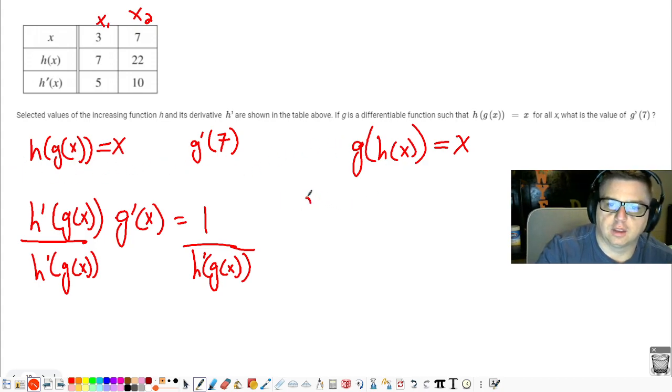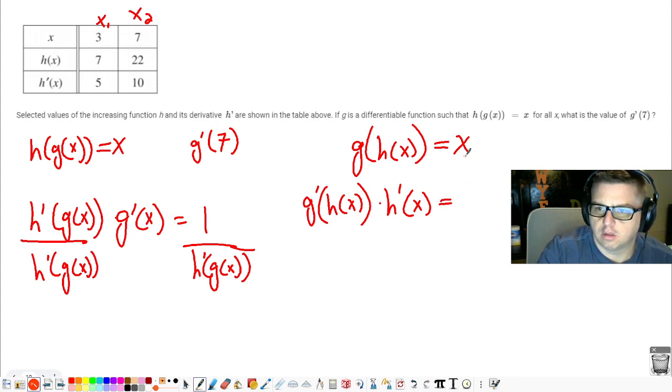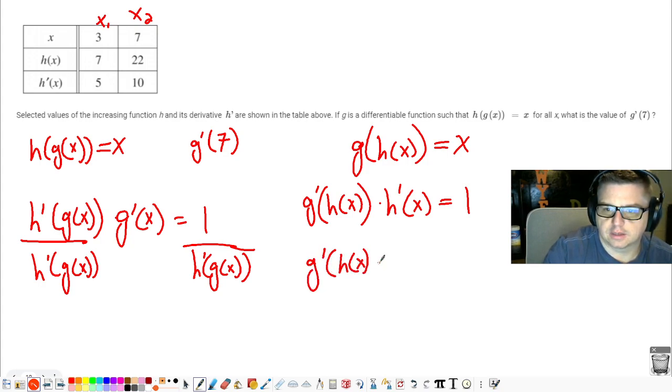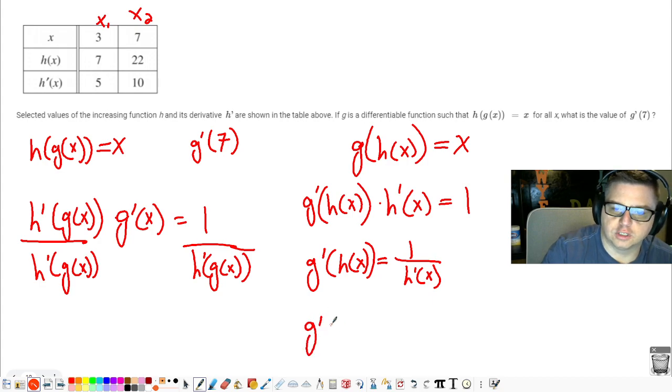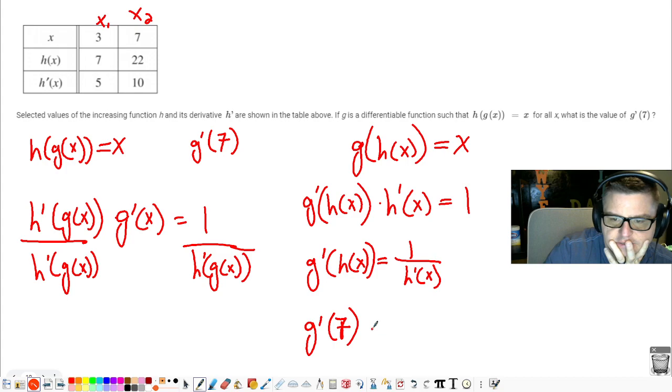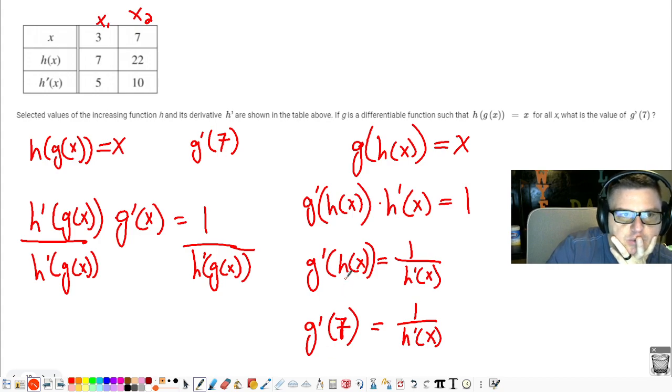So if we know that, then g prime times h prime of x equals 1. And then g prime of h of x equals 1 over h prime of x. And if we are looking for g prime of 7, then that means h of x equals 7, right?